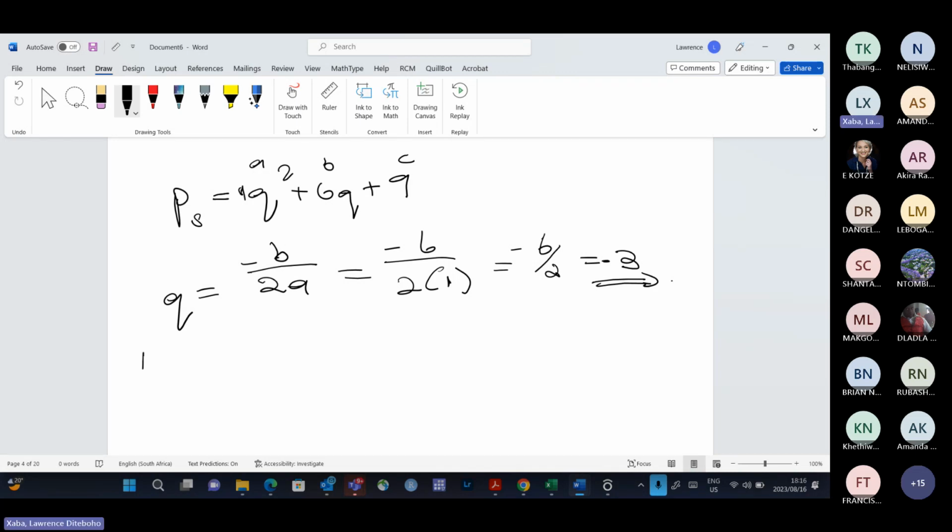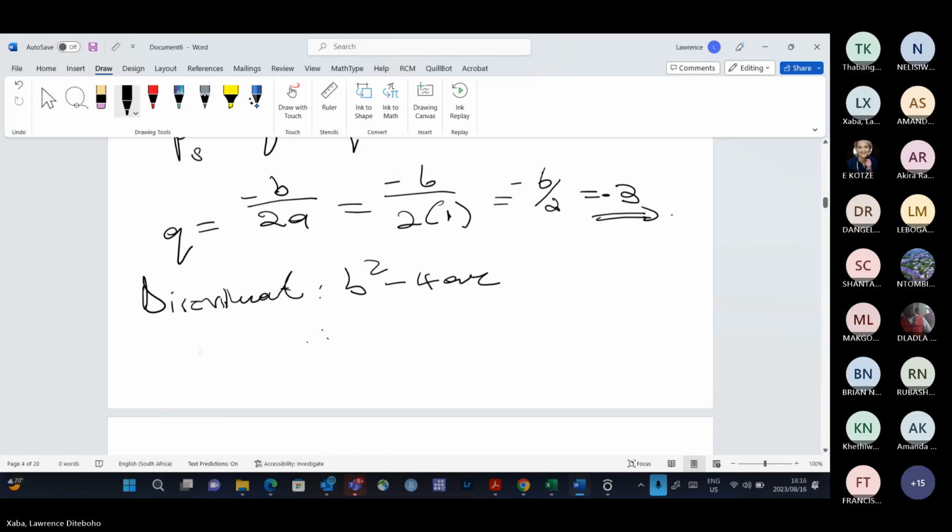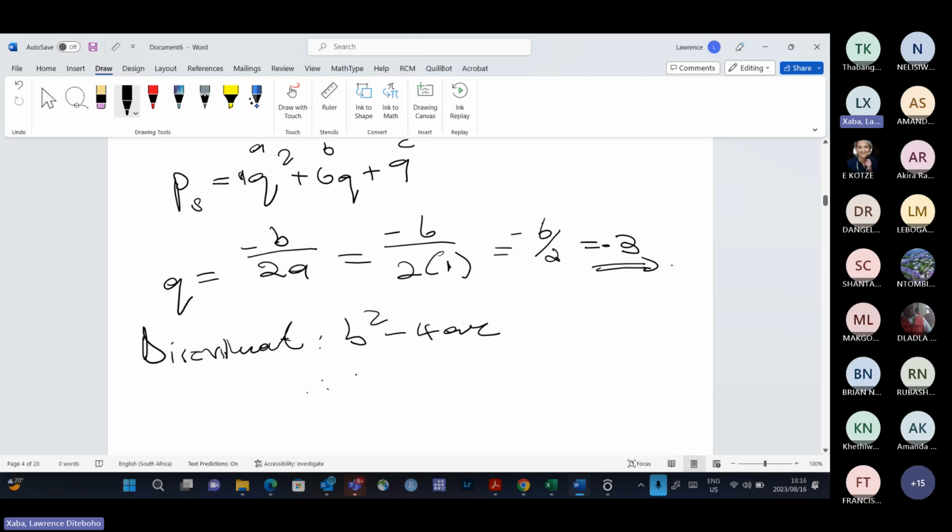Then we want our discriminant. The formula for the discriminant, we said, is B squared minus 4AC. Therefore, we substitute our information: B squared, that is 6 squared, minus 4, A still 1, and our C in this case is 9.